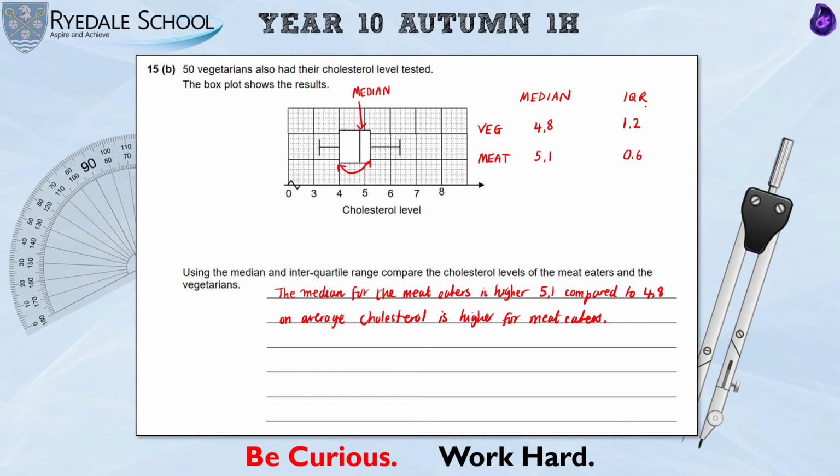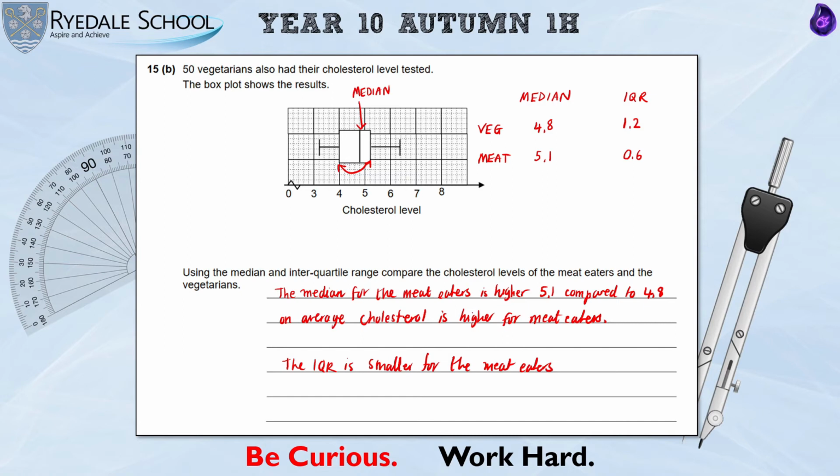Okay, now let's look at the interquartile ranges. Well, that is smaller for the meat eaters. So the interquartile range is smaller for the meat eaters. And there was a word that we used when the interquartile range was smaller.